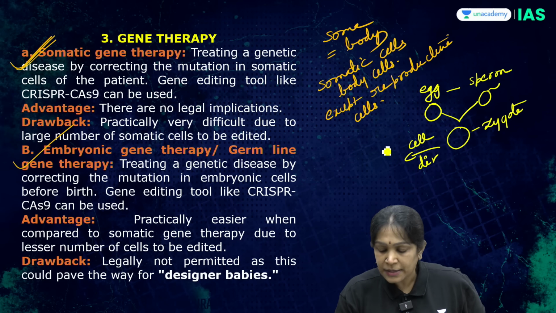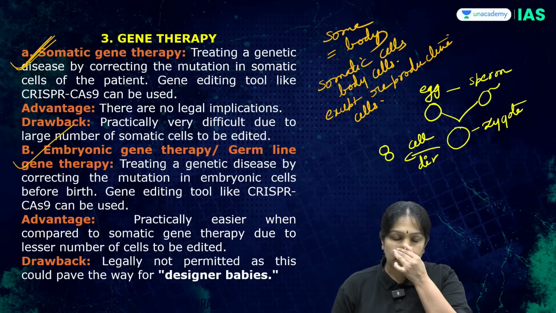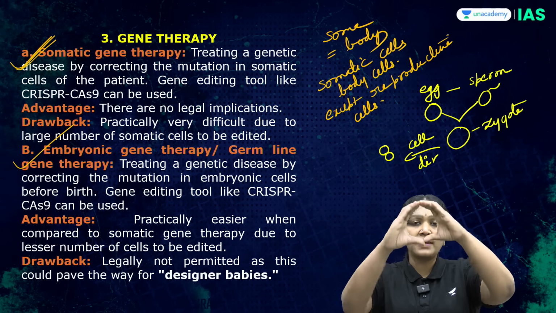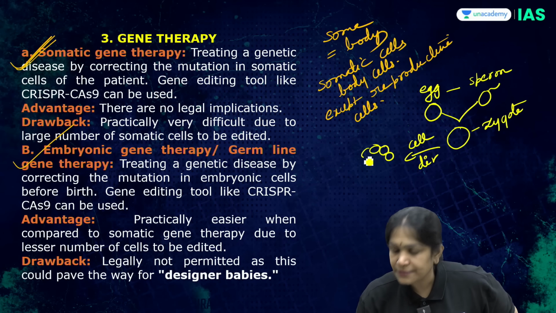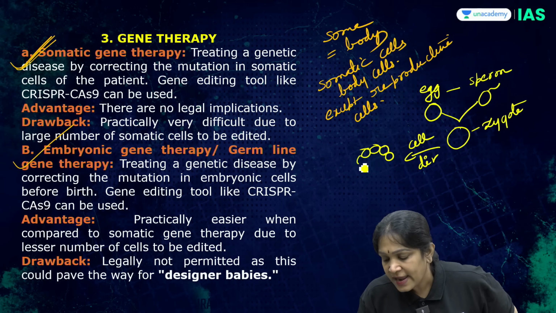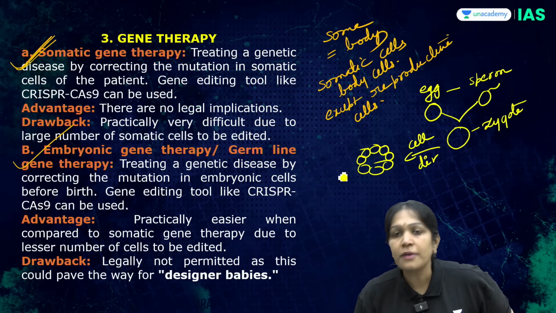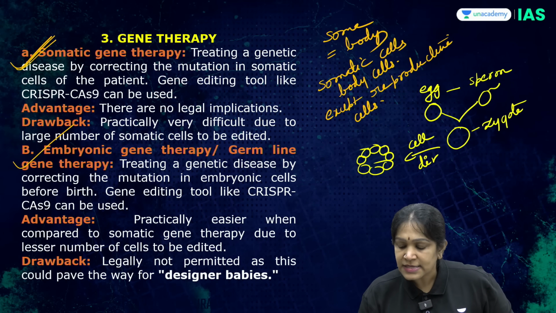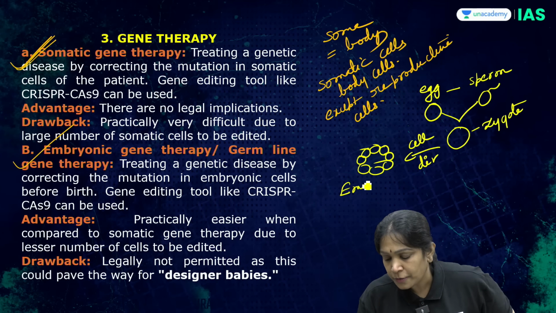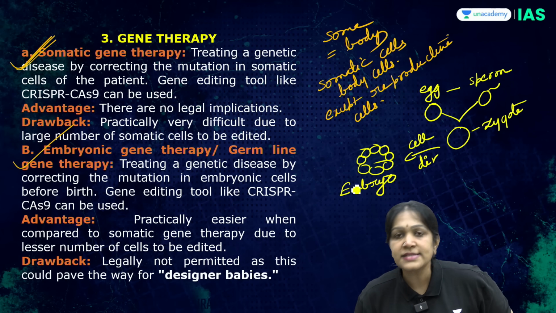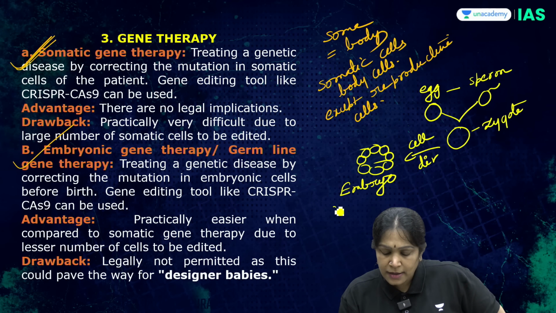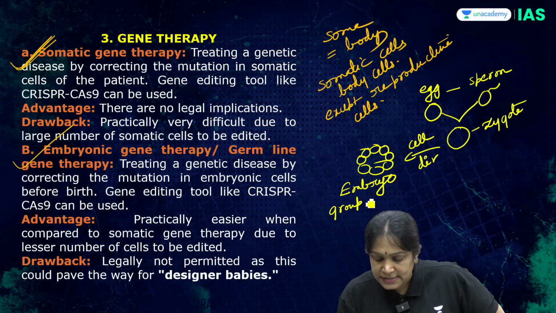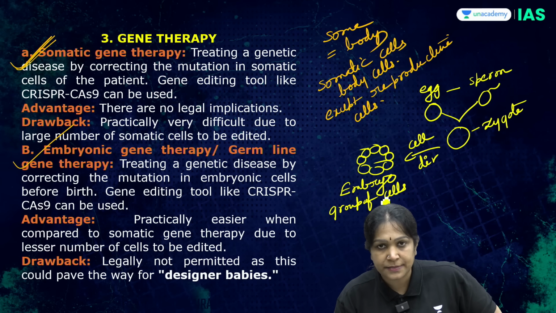It means it will become two cells. The two cells will again divide and that will form 4 cells. The 4 will again divide, that will form 8 cells. This is called embryo. Embryo is nothing but a group of cells.